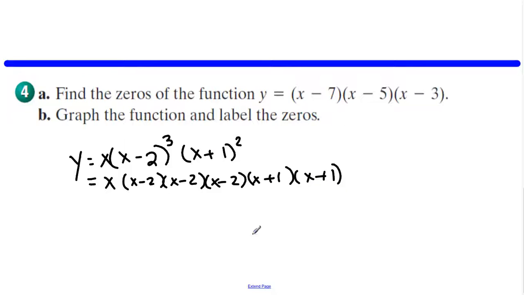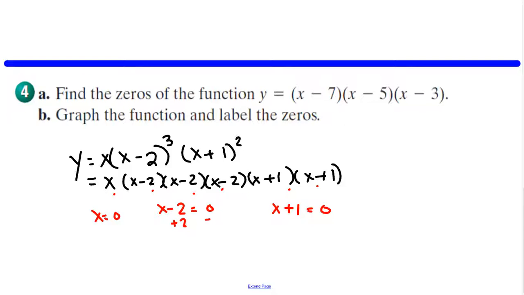Now, you set each of these equal to 0, right? And solve for your x. So this one you have x equals 0. That's it, you're done. This one, you can either write x minus 2 equals 0 3 times, or just x minus 2 equals 0. x plus 1 equals 0 2 times, or just x plus 1 equals 0. So this one's already done for you.